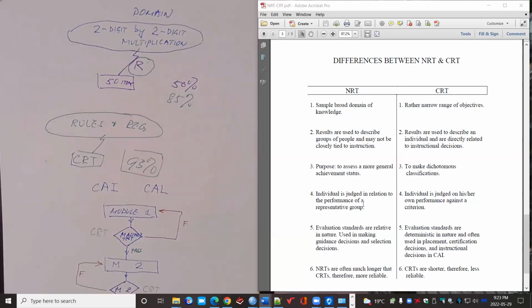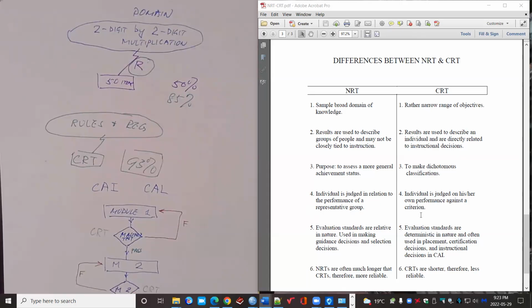NRT, an individual is judged compared to the performance of a representative group. Okay, performance of a representative group. And you know what we have to form this group. Okay, it takes a lot of time.